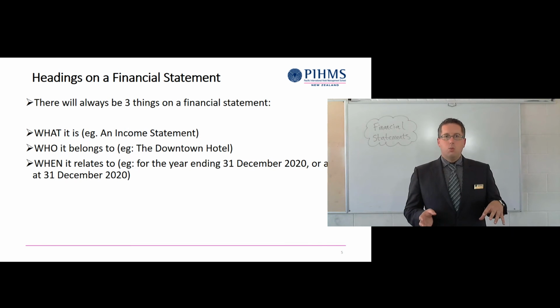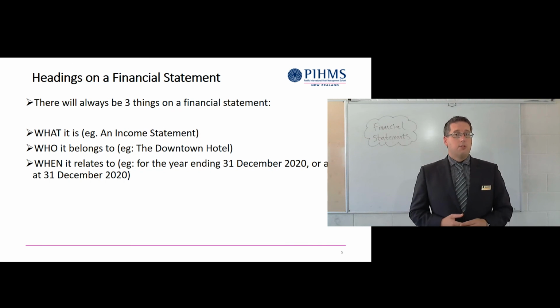Now the when will change depending on the financial statement. For an income statement, you're going to be looking at maybe a year of data, so it's going to say for the year ending 31 December. But a balance sheet is a bit different because a balance sheet is only at one day, at the end of the period.